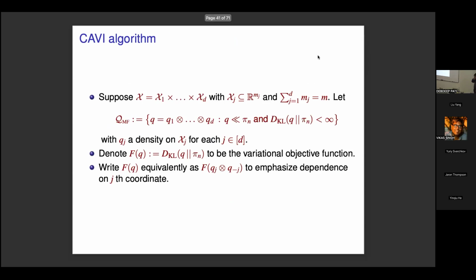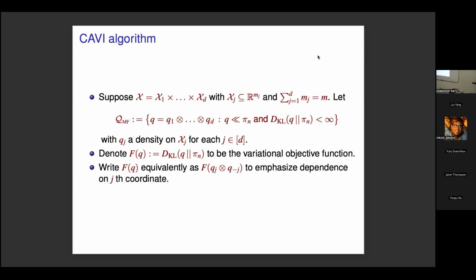Okay, so let's move on to the algorithmic side of things. For this part, I'm going to restrict ourselves to mean field inference. So we assume that there are m parameters which are grouped into d many variables, and each block has size m_j. And we assume a mean field on these blocks.